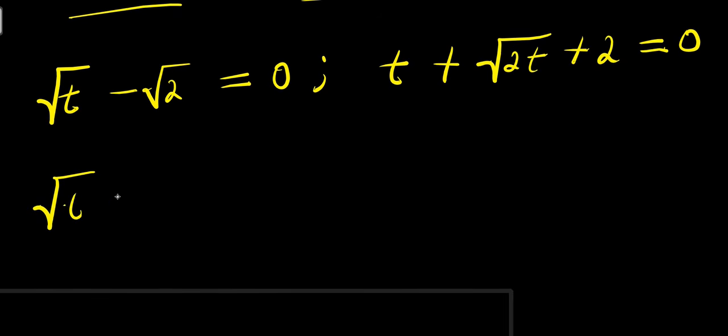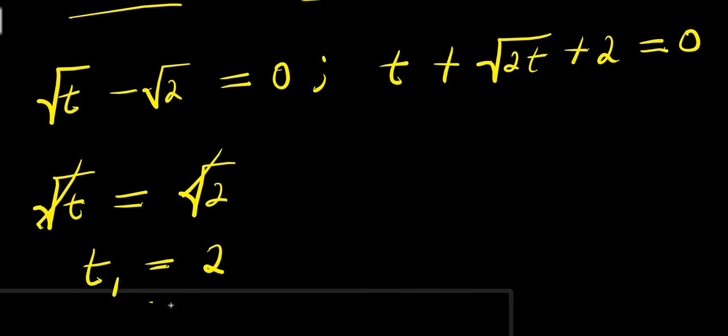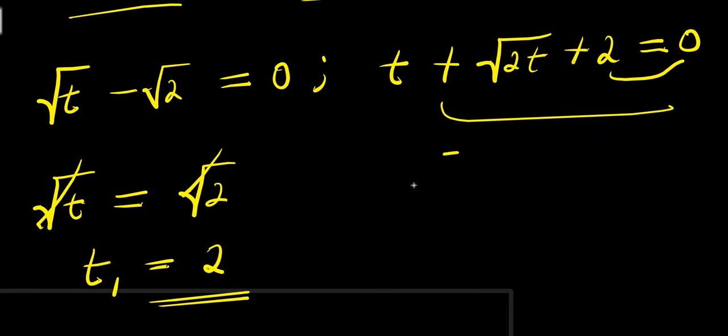I have square root of t equals square root of 2. This cancels this. That means t equals 2. That is my t1. For this other one here, I move this 2 and also I move the t over there. I have square root of 2t equals negative 2 minus t.